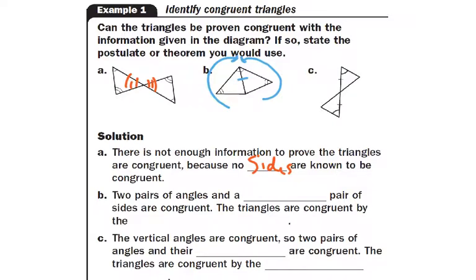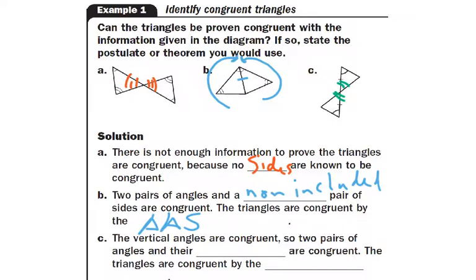So, two pairs of angles and a non-included pair of sides are congruent. The triangles are congruent by angle angle side. Now, if we look at the last one here, we've got two angles marked, two sides marked, and we know that the vertical angles are congruent.